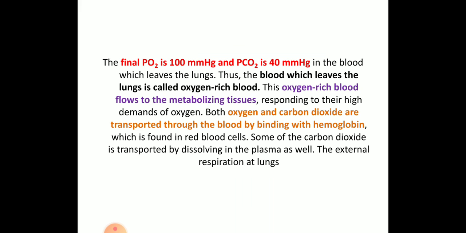The blood which leaves the lungs is called oxygen-rich blood. So, oxyhemoglobin, as I have said. We will be studying the respiratory pigments in detail later. The oxygen and carbon dioxide are transported through the blood by binding with hemoglobin, which is a respiratory pigment, and later they are transported in the plasma, and thus external respiration takes place at the lungs.